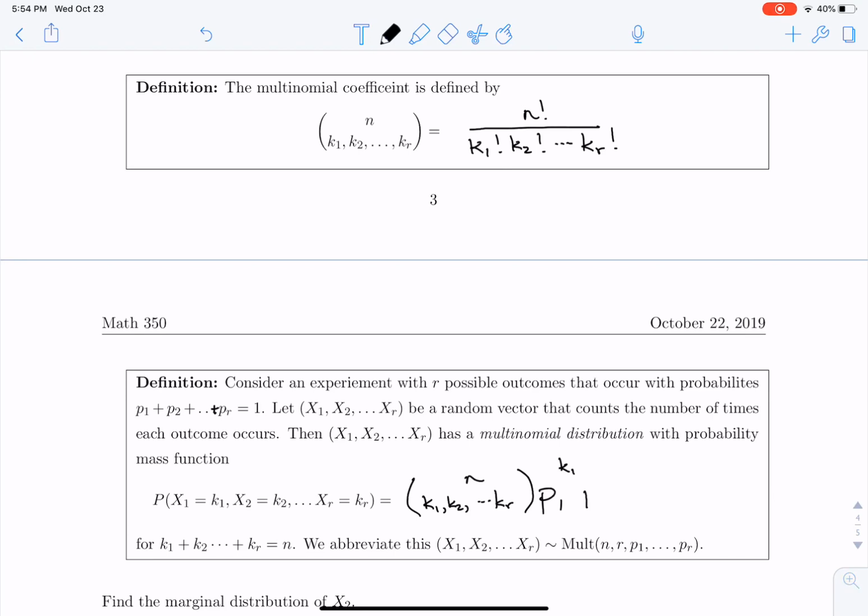The probability of the next success will be p2, and we're going to have k2 of those successes. And then finally, all the way down to p sub r, the probability that we succeed for xr, and we're going to have kr of those successes. And here, k1 plus k2 all the way down to kr has to equal n, the number of trials.